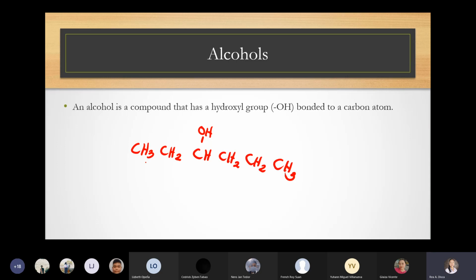Okay. What would be the name of this compound? Sige. Tabaw, can you give me a number, please? 7, ma'am.